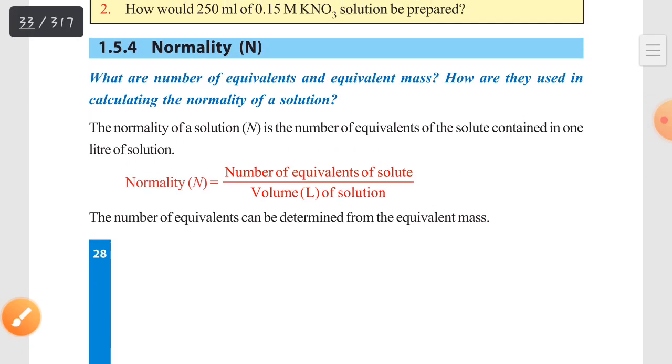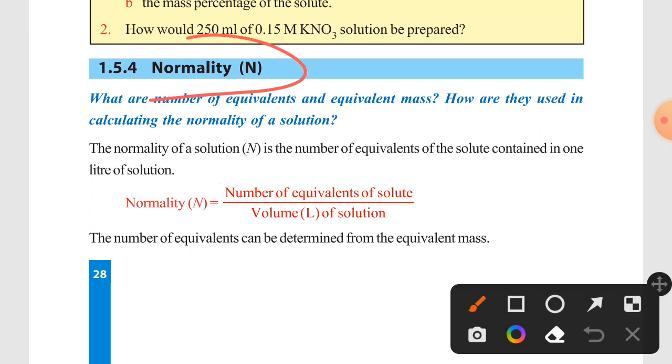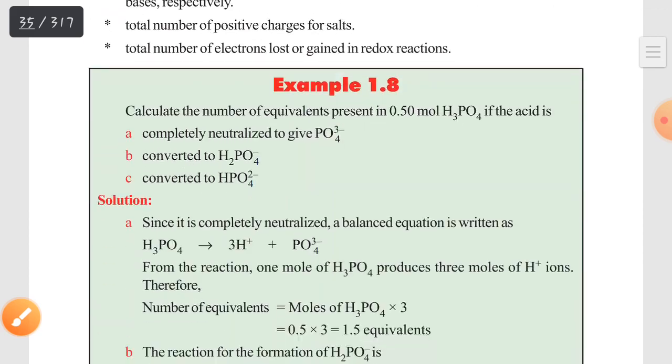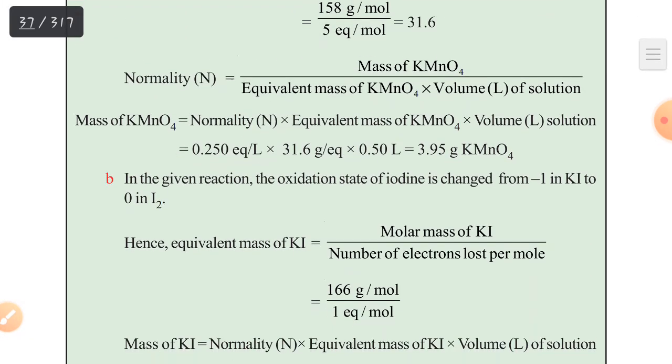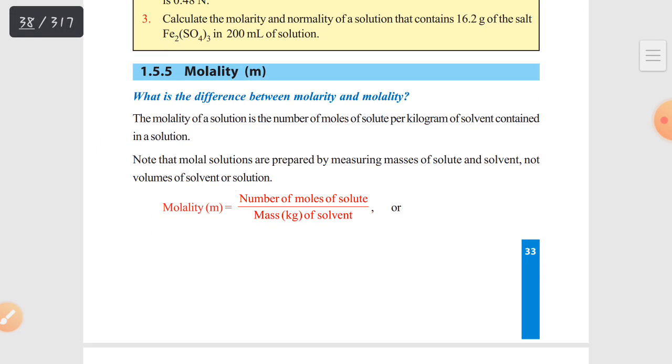Now let's proceed to molality, the last thing. What is the difference between molarity and molality? The molality of a solution is the number of moles of solute per kilogram of solvent contained in a solution.